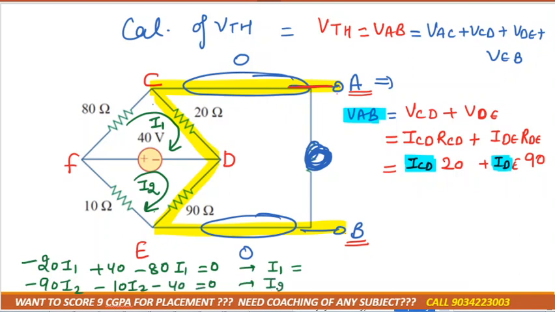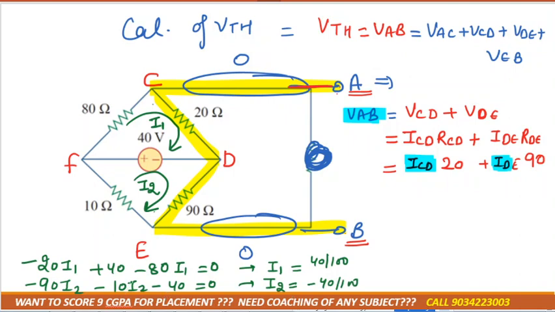Can we get the value for I2 from this equation? I1 is how much? That would be minus 100, so it would be minus 40 by 100, right? Similarly, I2 is how much? Minus 100, again minus 40, so it would be minus 40 by 100, right?